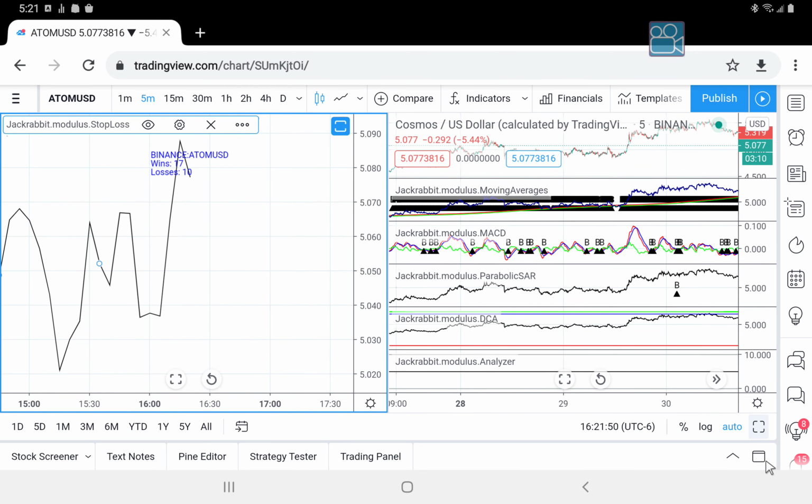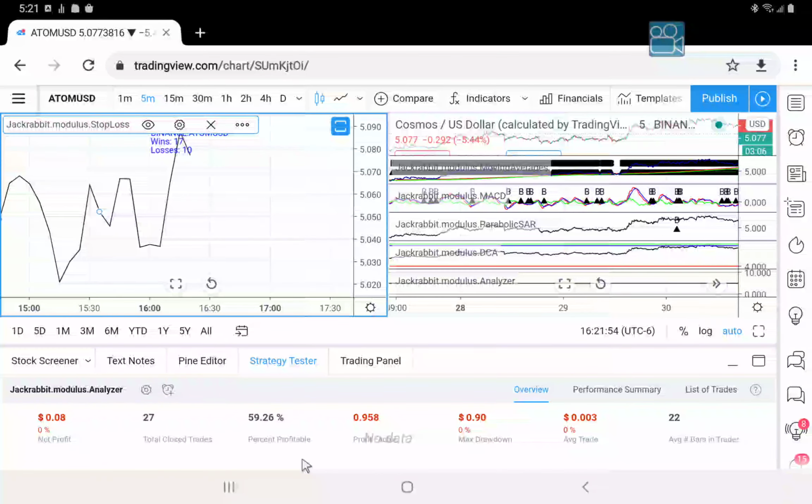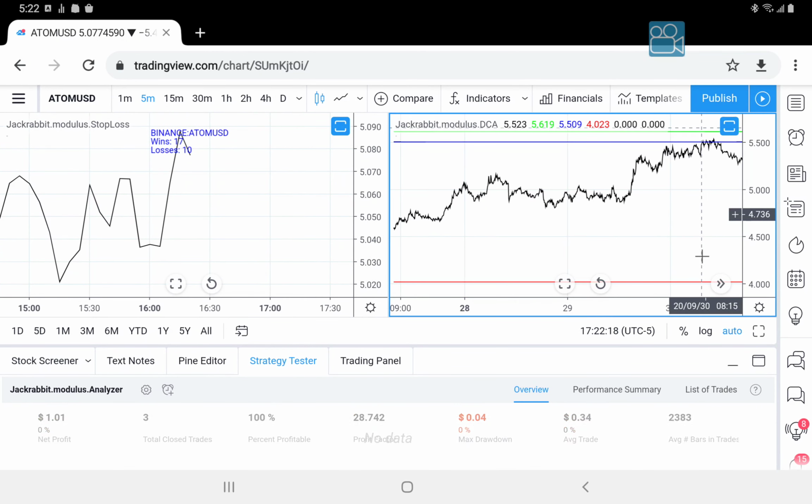So now let's actually look at the analyzer for it. But by the analysis, this last 17 days actually has a loss for 27 trades. Now, I don't know if I believe that. I think I would rather believe the actual mechanics and do the math by hand. But let's compare that to the dollar cost averaging module.